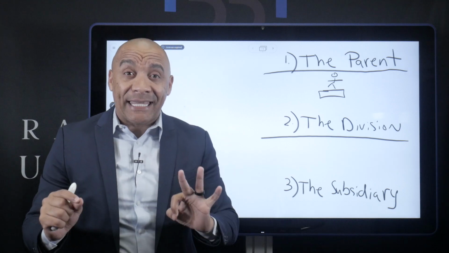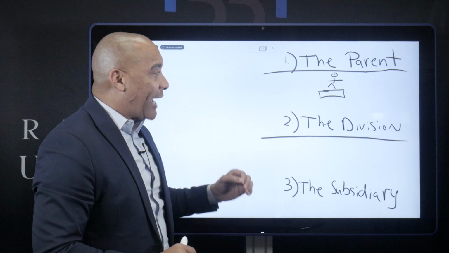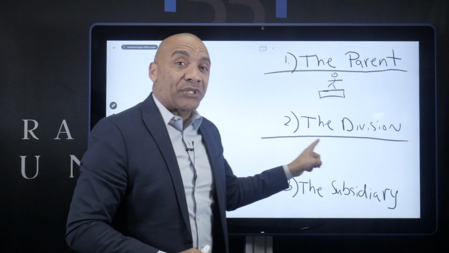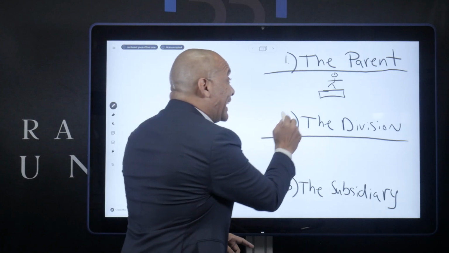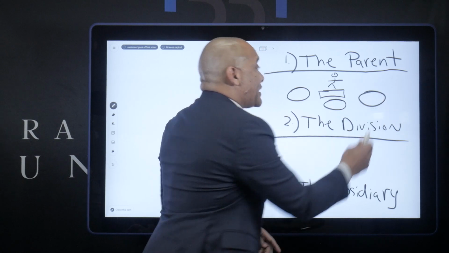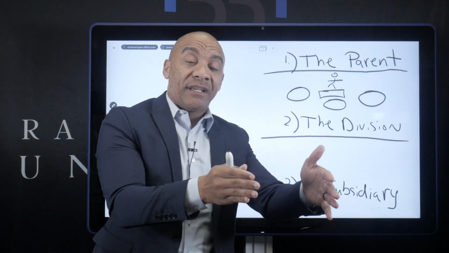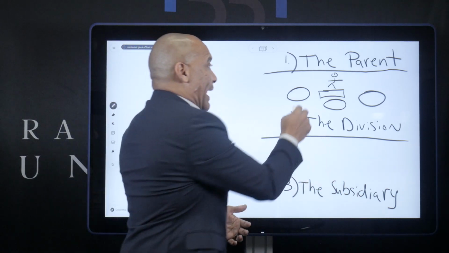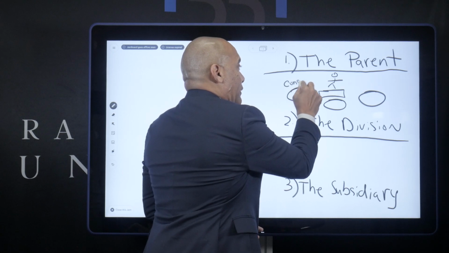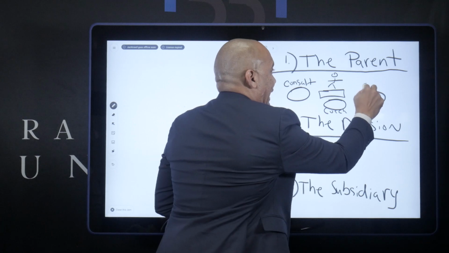So what I did strategically, because of my understanding of this concept, was I created operational divisions inside of my holding company. And these operational divisions were actually services that I provided. So I had consulting, I had coaching, and I had education.